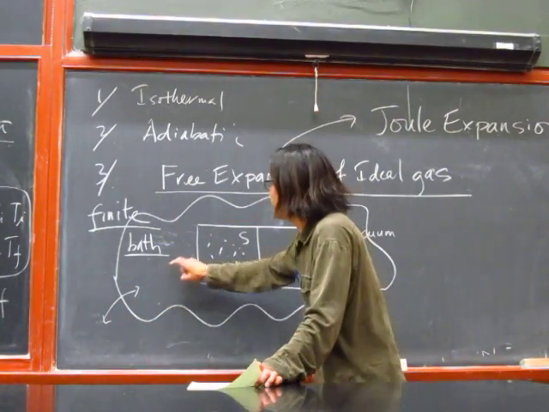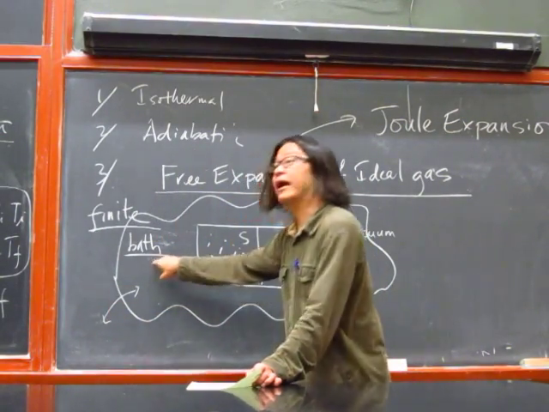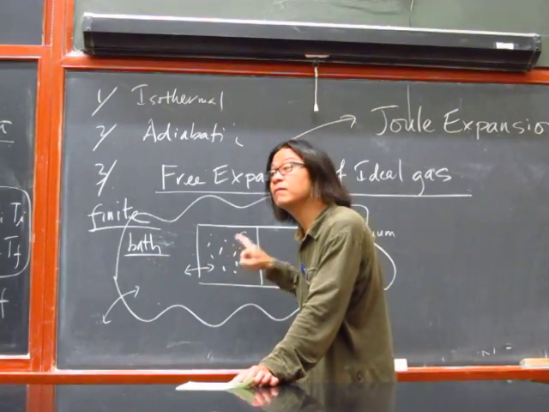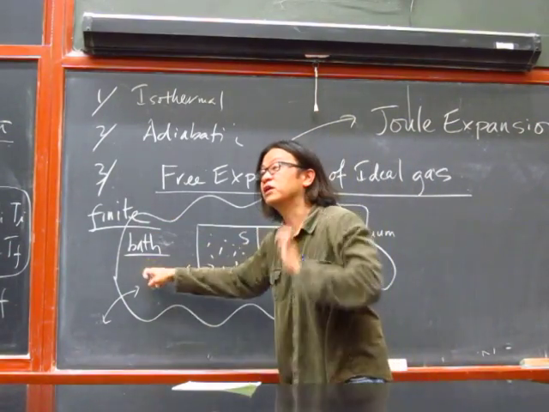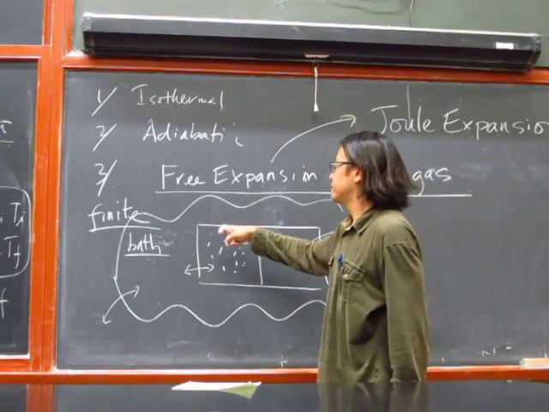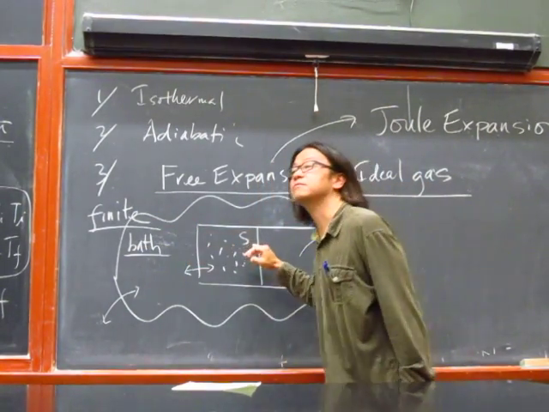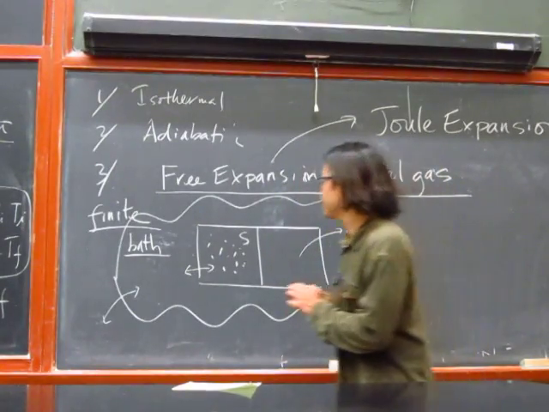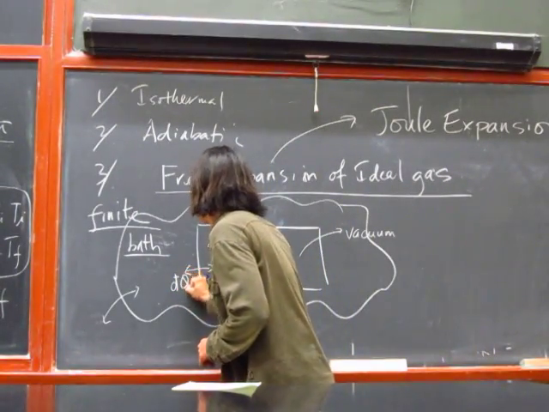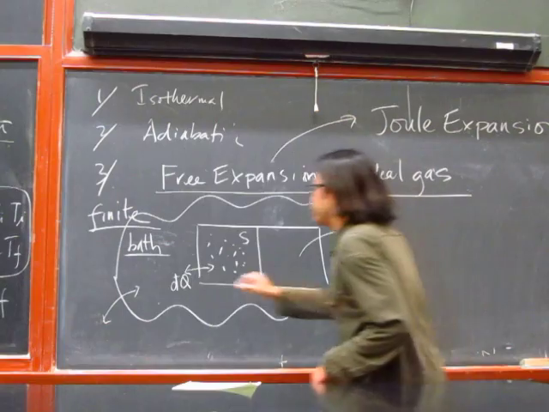But I have to worry about heat transfer between the bath and the system. Meaning the bath is small enough, relatively of equal size to the system. So there is temperature T here.